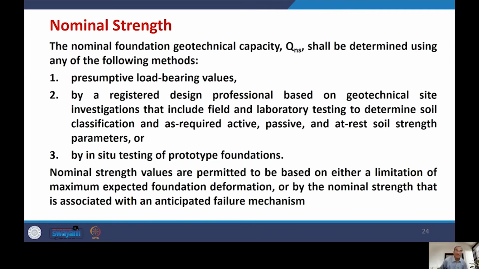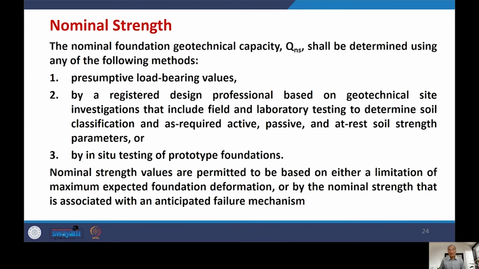If you have a registered design professional's geotechnical site investigation, in that case you can have the determined soil classification and active and passive soil strength parameters. The third is by in situ testing of prototype foundations. So first is presumptive, second is the registered design professional, and third is testing of prototype foundations.